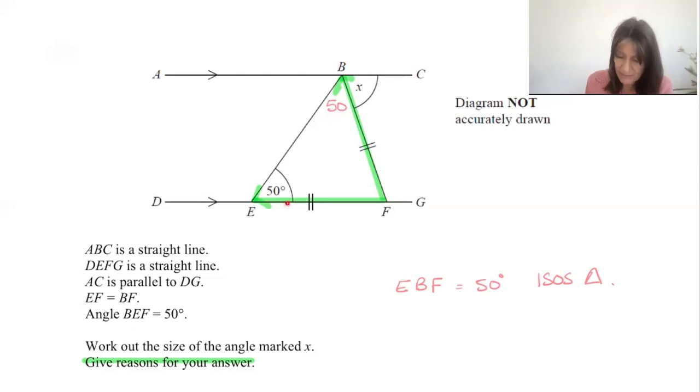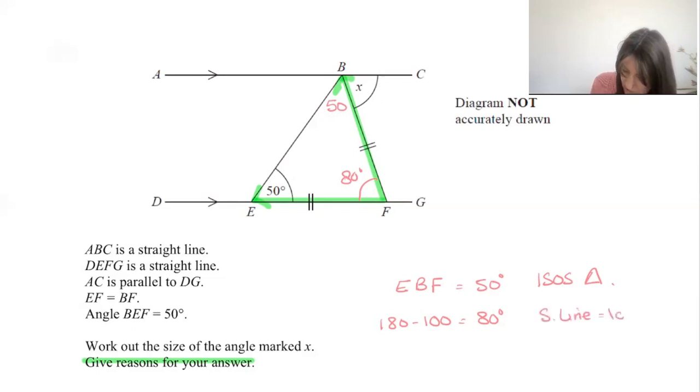Because I've got my triangles, it's really easy to find this one because angles in a triangle add up to 180. So 180, take away the two 50s, which is 100, gives me 80 degrees. That is 80 degrees, okay? And I'm going to write straight line equals 180 degrees.